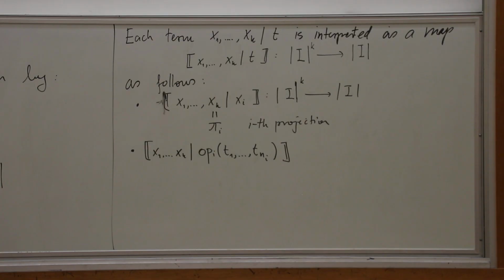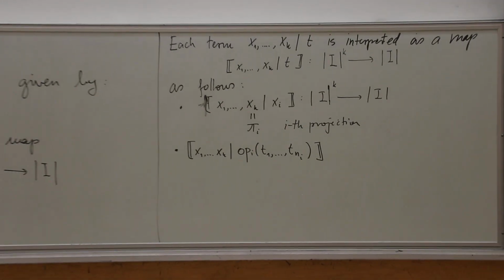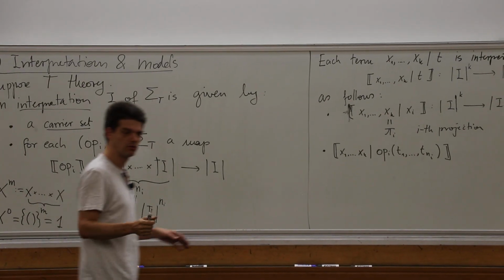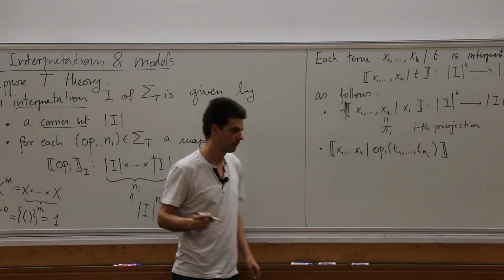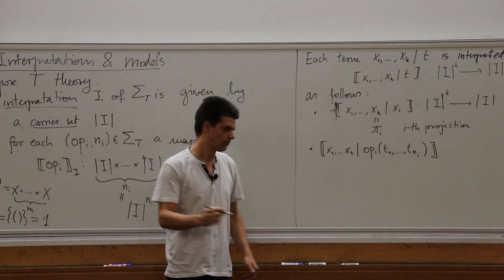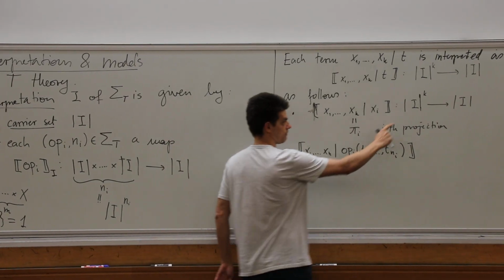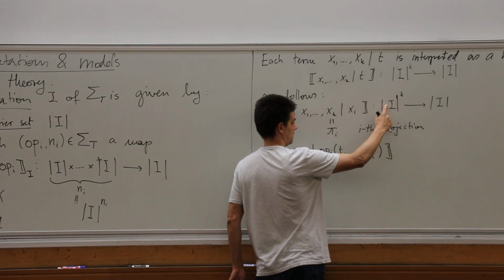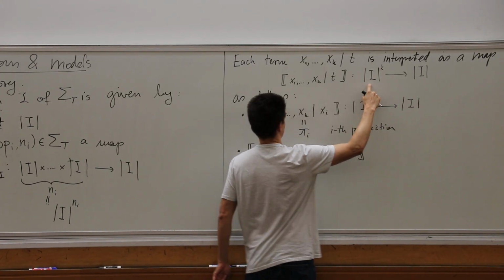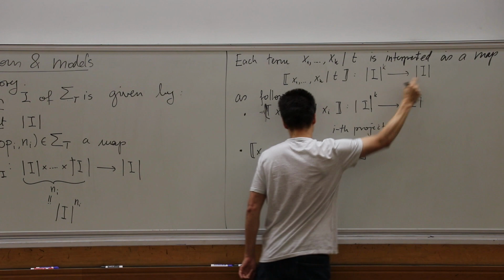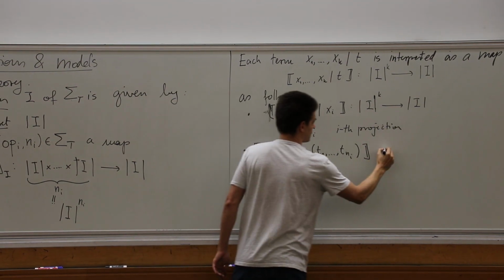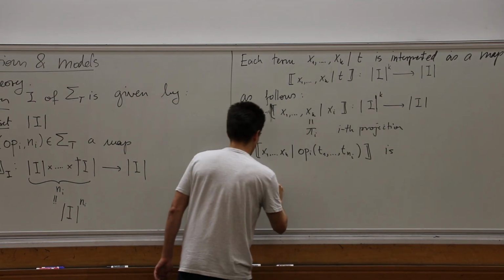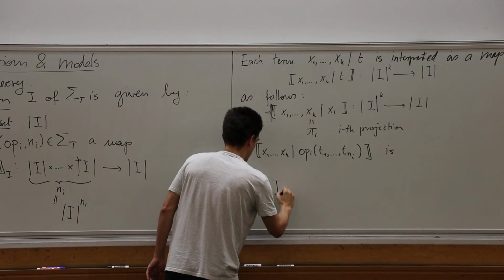At this point you could write some sort of syntactic craziness, but let's try to do it with compositions of functions. So let's start where we are supposed to start. We're supposed to start here and land there. So it's going to start with I to the k.